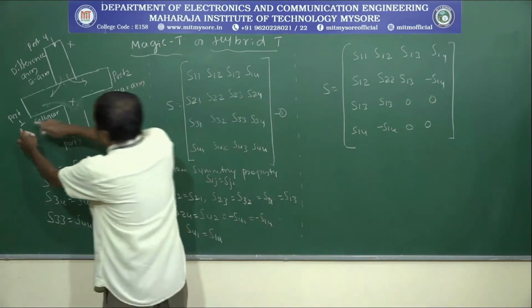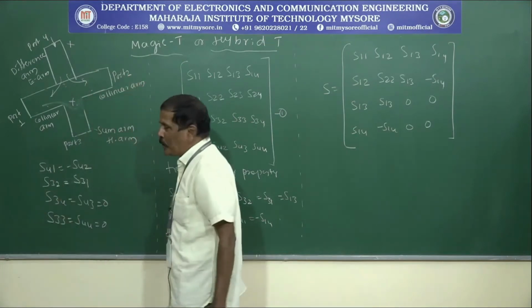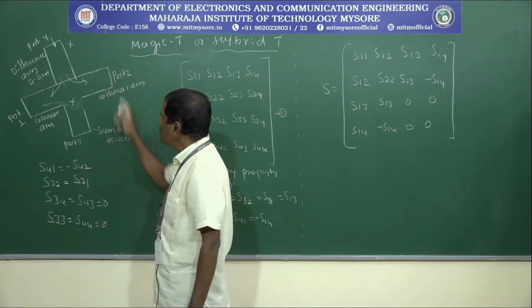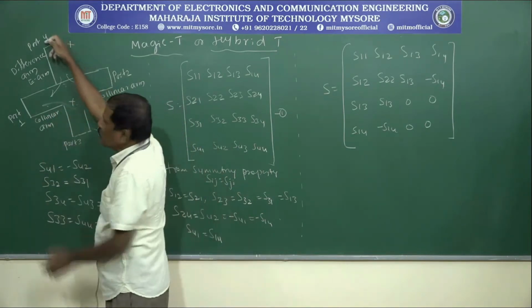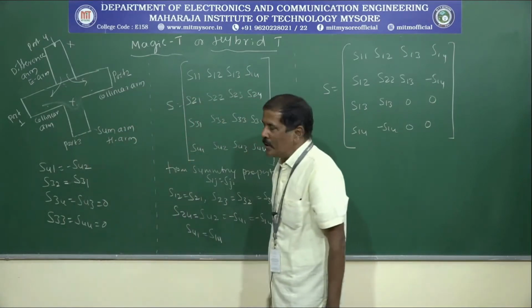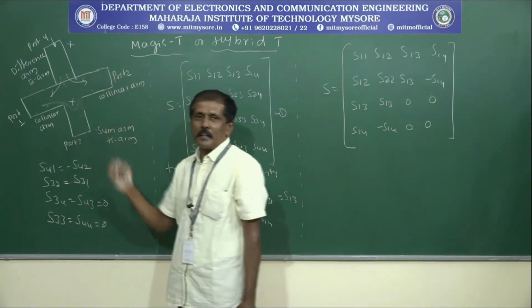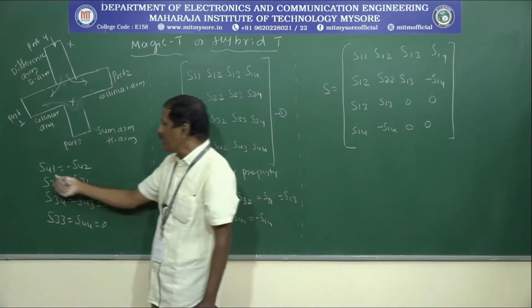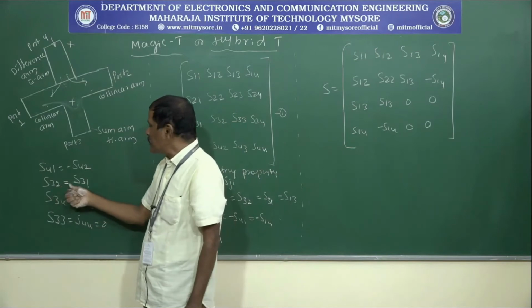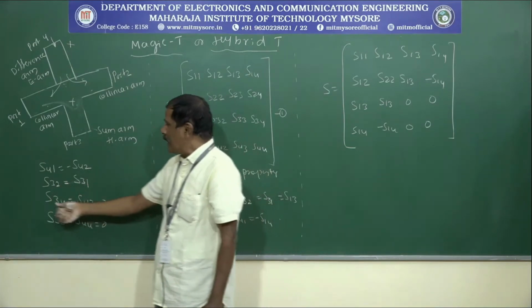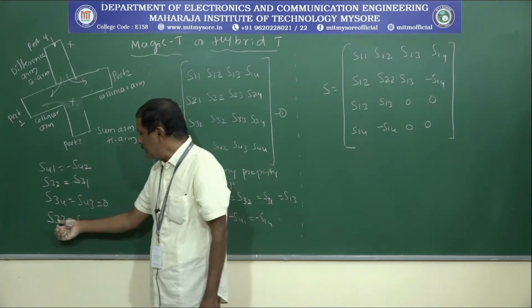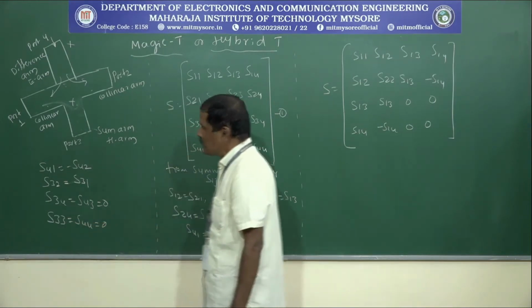And if you apply the signal at port 1 and port 2, it will come to port 3 as a sum of the two signals, and it will go to port 4 as a difference of the two signals. Now based on all these properties, we can write S41 equal to minus S42, S32 equal to S31, S34 equal to S43 equal to 0, and S33 equal to S44 equal to 0.